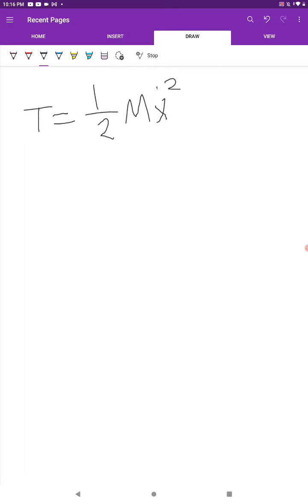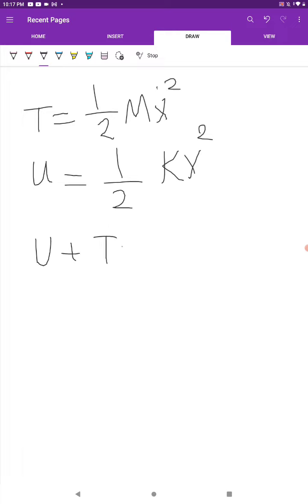And then we also have to use the equation of potential energy, which is U equals 1/2 kx squared. So U plus T equals constant. So the sum of kinetic energy and potential energy equals a constant.